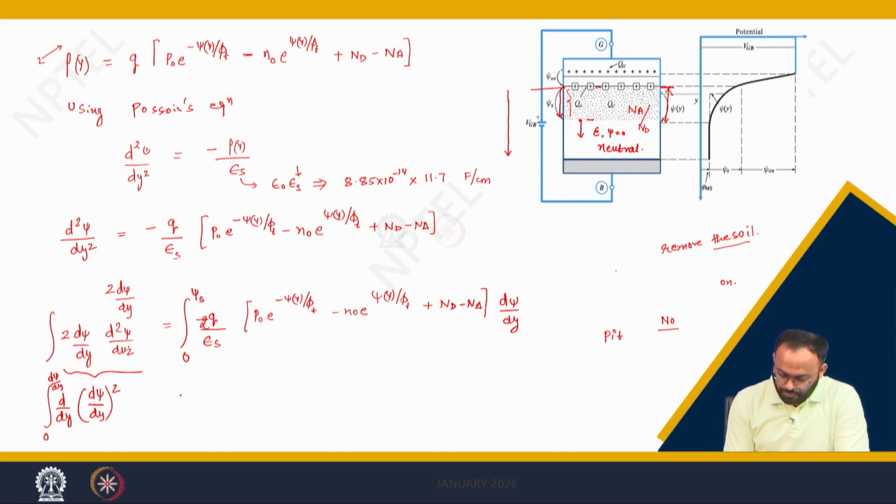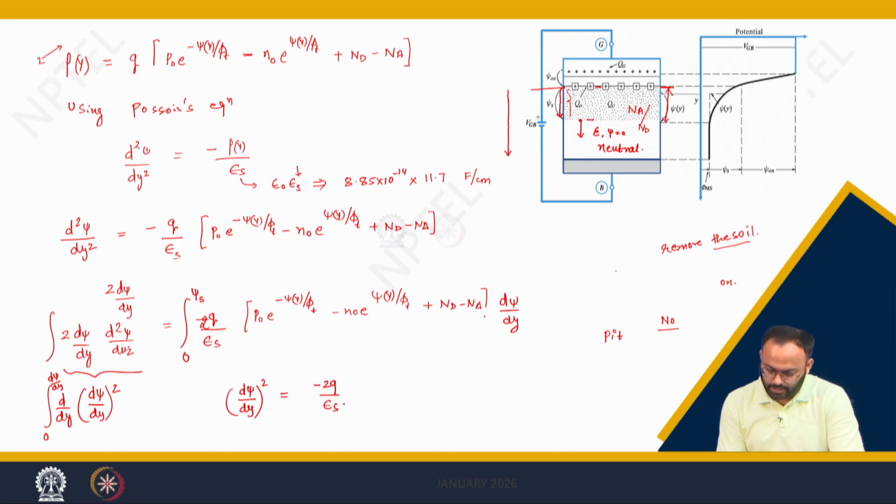If you do the integration, you will get (dψ/dy)² is equal to minus 2 times q divided by εs into the integration of this bracket: p0 e^(−ψ(y)/φt) into minus φt, minus n0 e^(ψ(y)/φt) into φt, plus Nd minus Na into ψ(y), and you put the limit 0 to ψs.